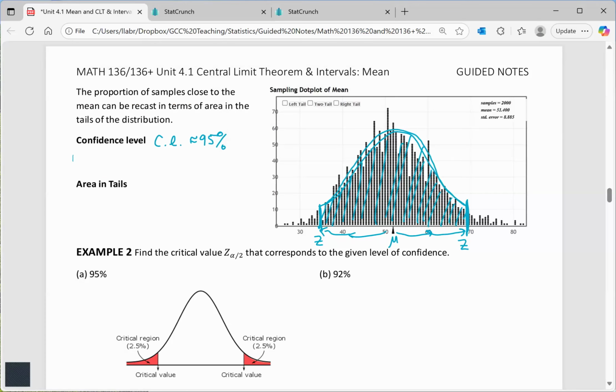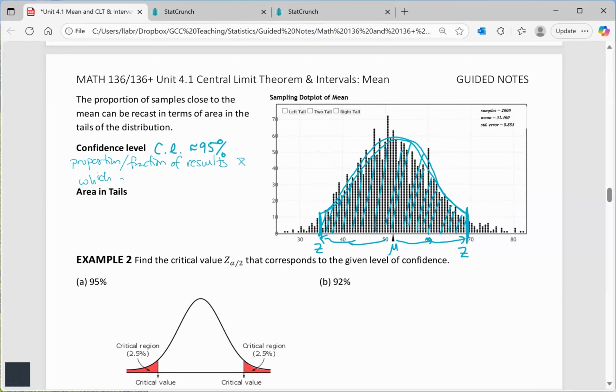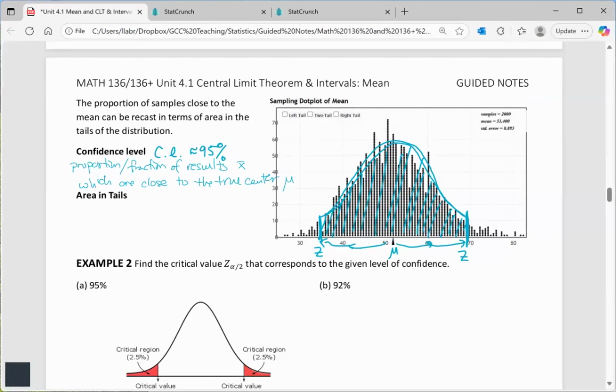or the fraction of results of your sample mean, right? That which are close to the true center, which is mu.